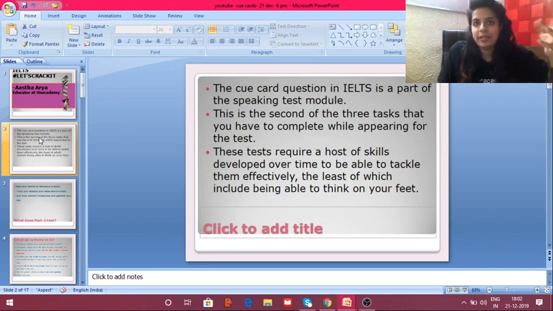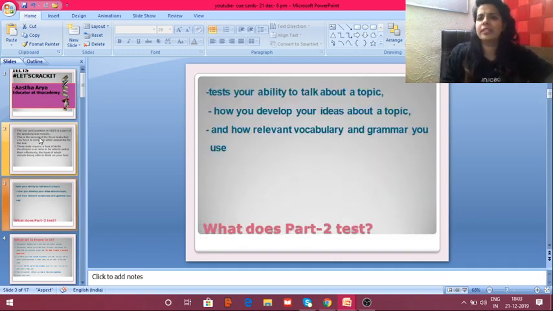Sometimes we are not able to gauge or guess the answers, but the more we practice, the more we understand. Right. Now, what is actually the purpose? Cue cards test your ability to talk about a topic. A topic is given at hand. We'll just now discuss the sample. So it tests how much a person can talk about a topic, how you develop your ideas about a topic, how you connect them, okay?